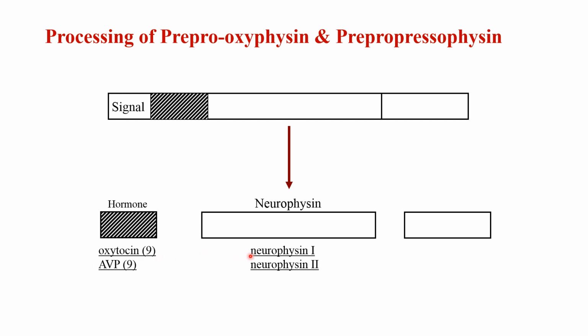The fragment of oxytocin is neurophysin 1, and the fragment of ADH or arginine vasopressin is neurophysin 2. And these are the ones which are released upon appropriate signaling.